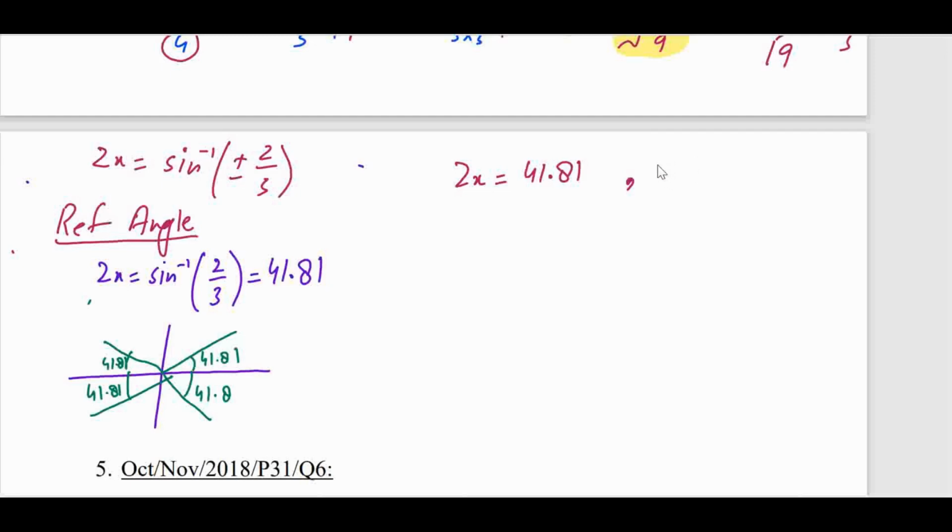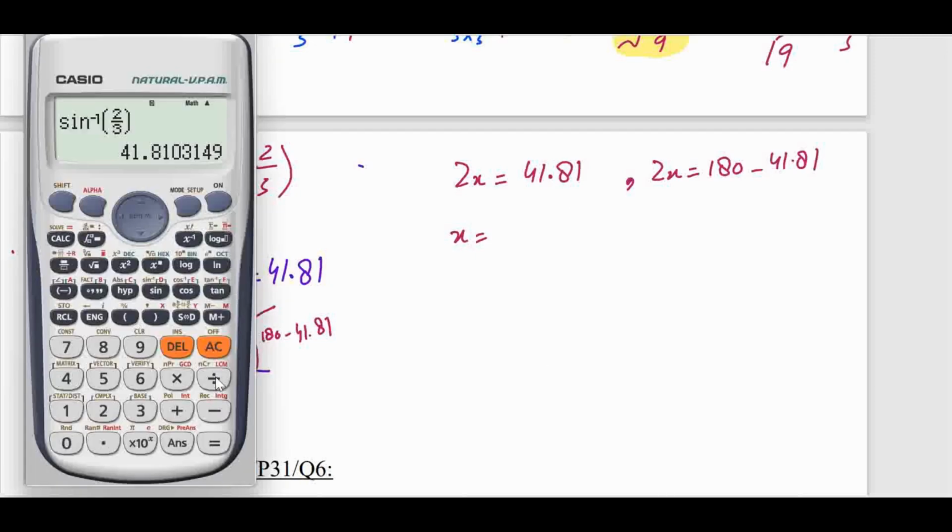And the second answer will be 2x is equal to 180 minus 41.81, because from here we can see this whole complete angle will be equal to 180 minus 41.81. Now let's find it out. So x will be equal to 41.81 divided by 2. So x will be equal to 20.9.